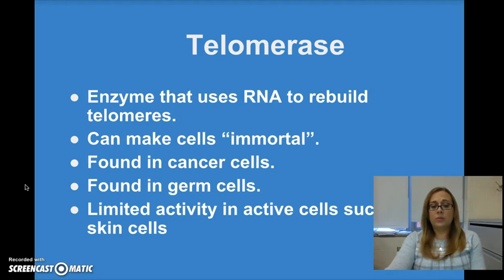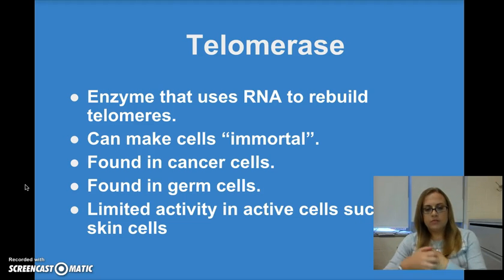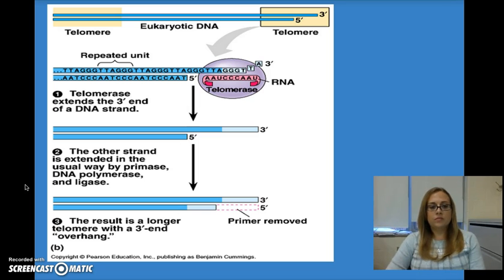So an example would be the skin cells. We know that skin cells reproduce rather quickly. We know that you shed your skin very frequently, so like every time you scratch and you see flakiness on your hand, those are skin cells that are leaving. So your skin cells have a much shorter lifespan, and so they don't necessarily need to be rebuilding those telomeres.